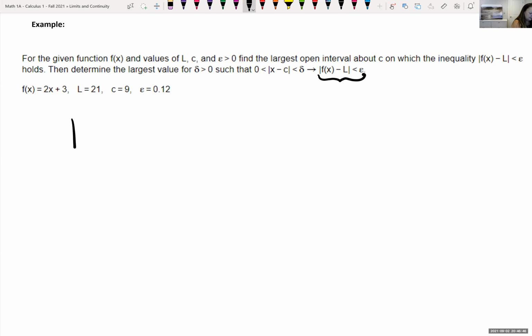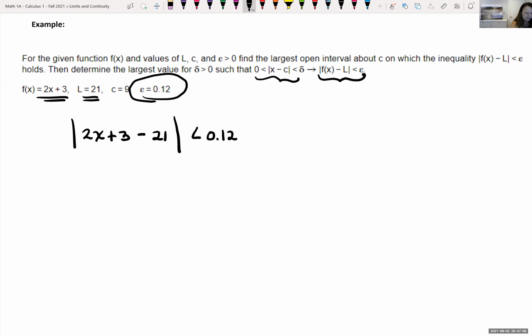F of x we're given is 2x plus 3 minus my L value, so minus 21, is less than, well, epsilon in our case is 0.12. And for our delta piece, we have 0 is less than the absolute value of x minus c, c in our case is 9, is less than delta.